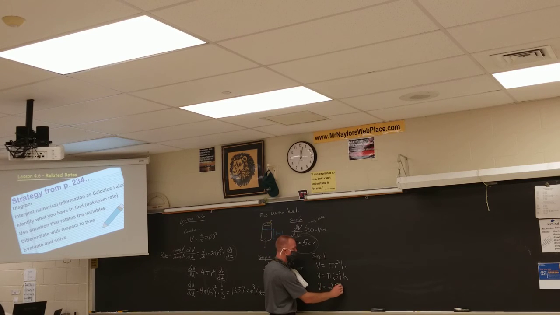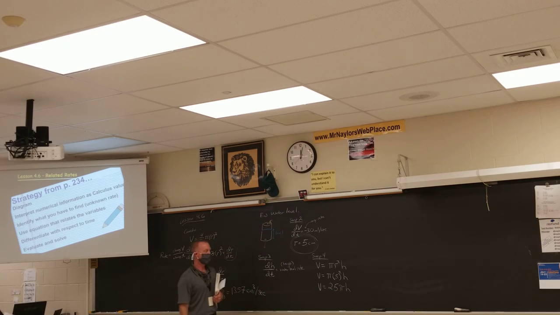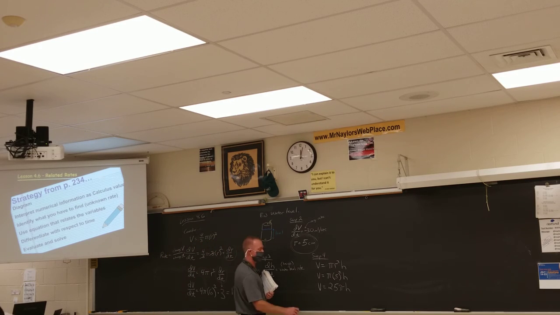So we have volume equals 25 pi times h. Okay, now for the fun part. The derivative with respect to time. Basically the whole essence of this lesson. Now the derivative with respect to time, I guess it's technically another step up there.